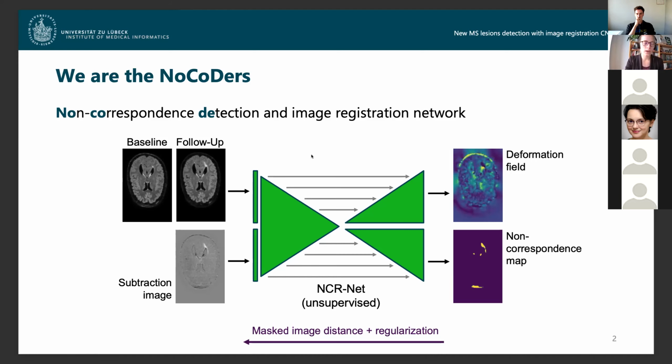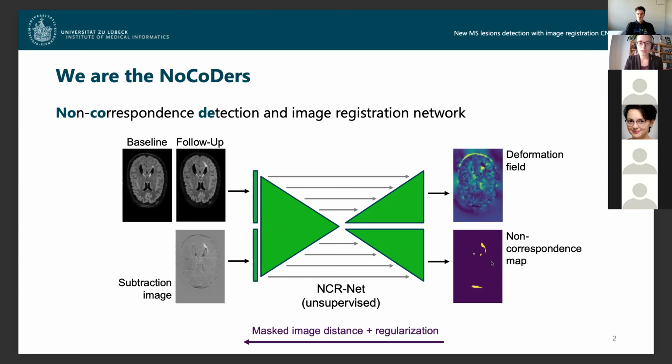Inputs for this network are the 2 MRIs, basically no pre-processing performed, only some resampling, and the subtraction image between those 2 time points. And the network is trained completely unsupervised with a masked image distance measure. So we are looking at the difference between baseline and follow-up and mask this difference with the non-correspondence output of the network, which leads the network to segment image areas where the difference between baseline and follow-up is large.